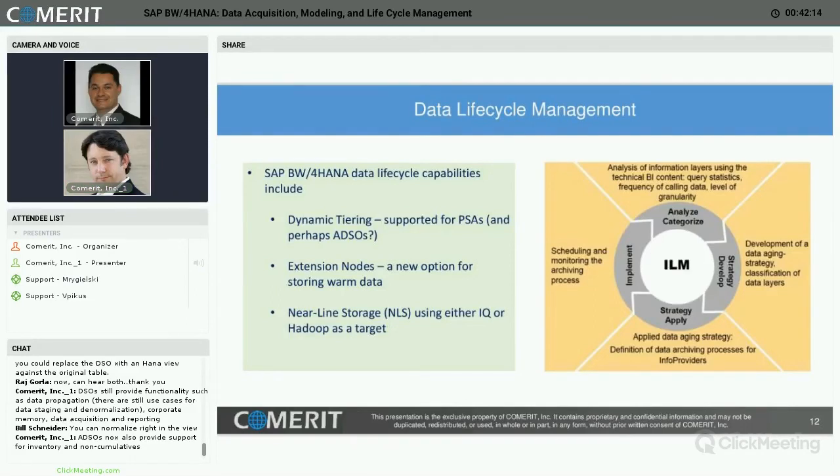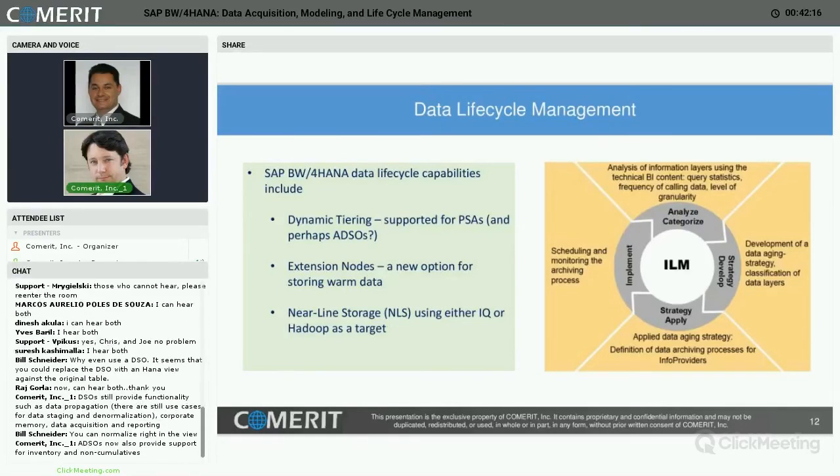Probably the most important part of implementing data lifecycle management is defining what your data lifecycle strategy and data aging strategy are going to be: what data you're going to retain in your BW for HANA system, what data you may aggregate, what data you may move out into a lower cost storage, and what data you may even archive or delete.